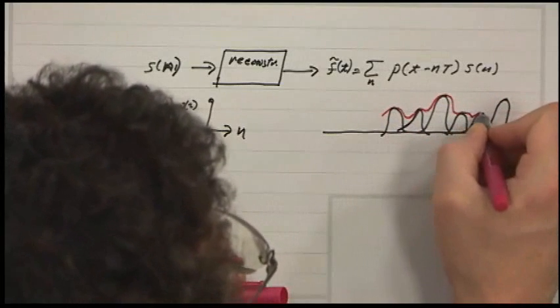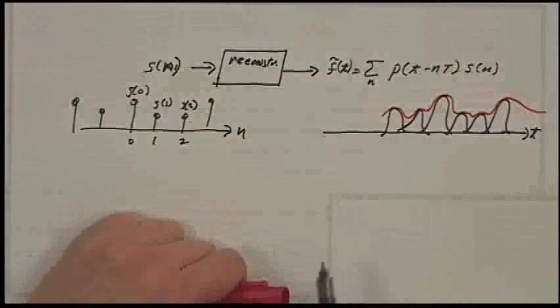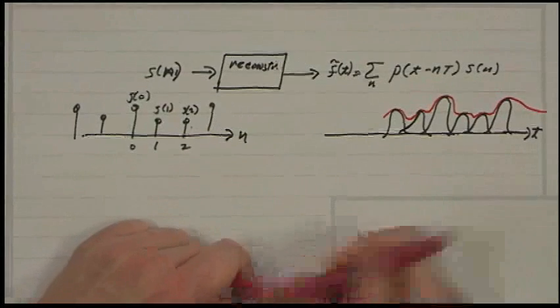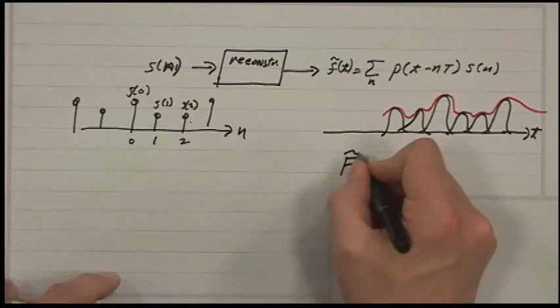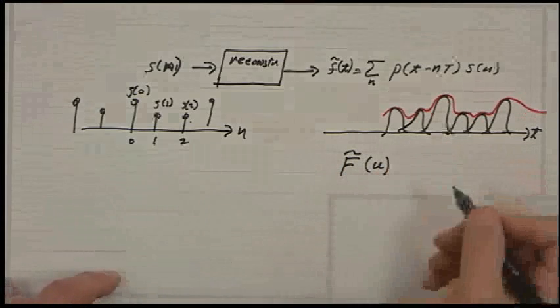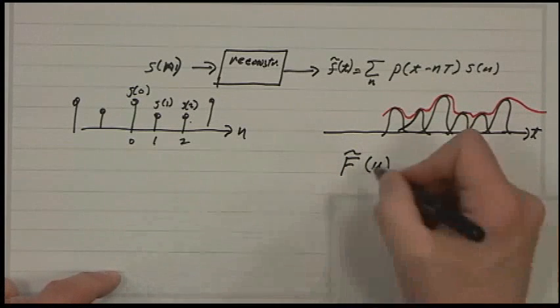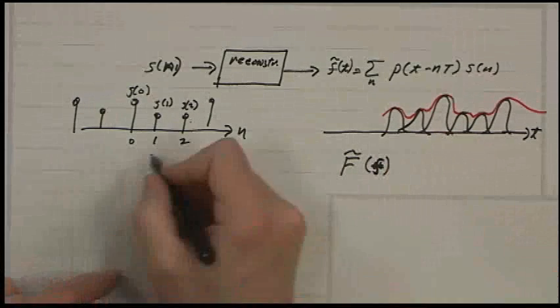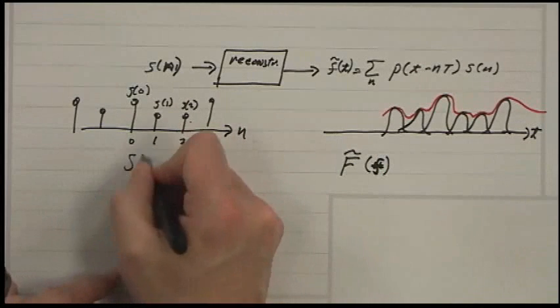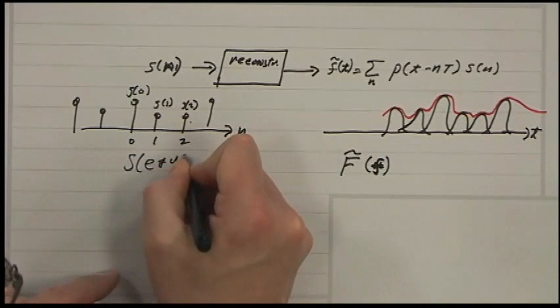Of course, it goes like something like that, right? Okay? So this thing here, f tilde of f, I'm sorry, frequency, and this one here would be S of e to the j omega, right?